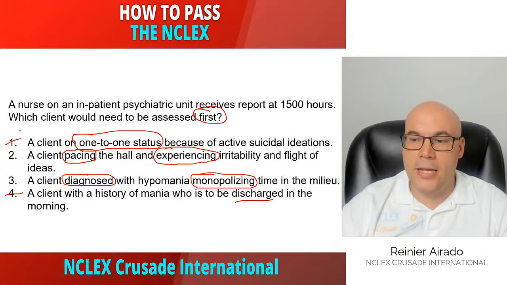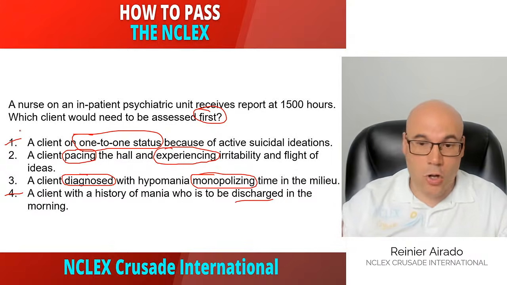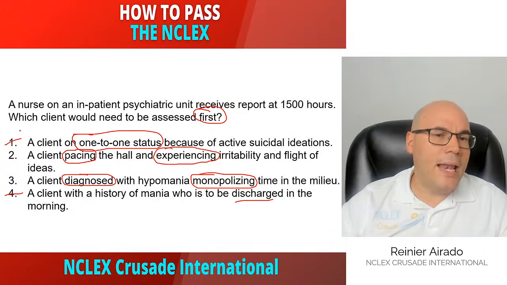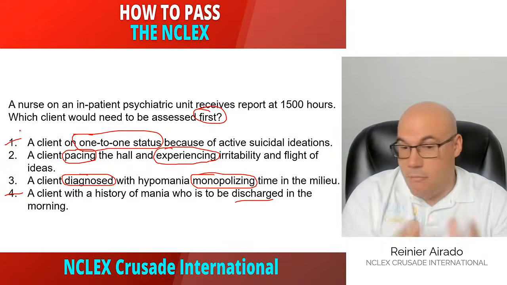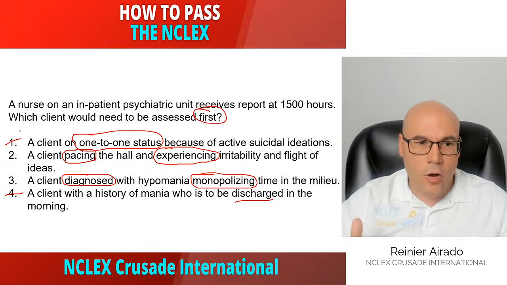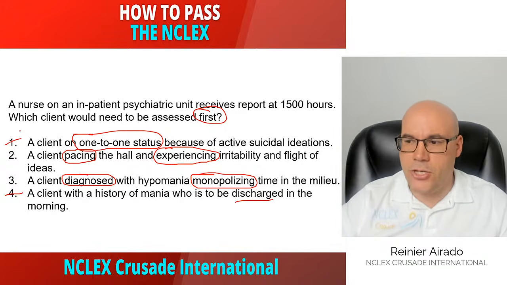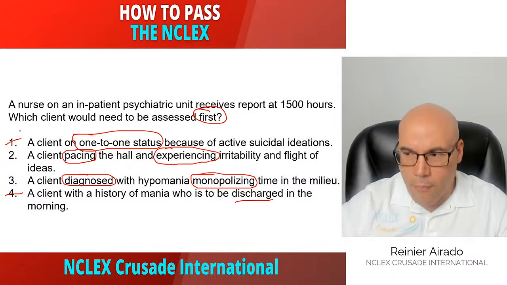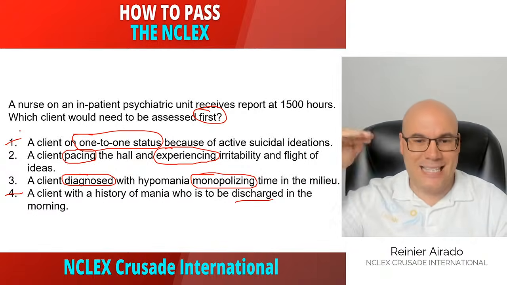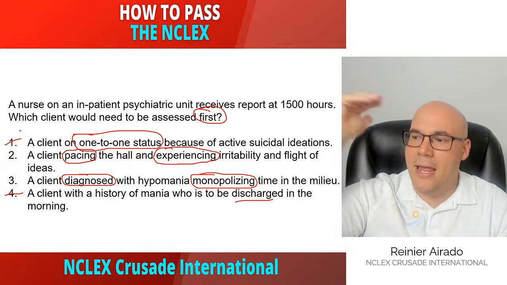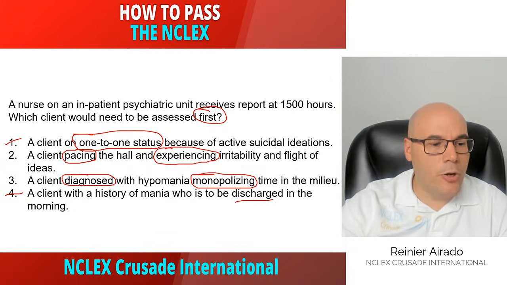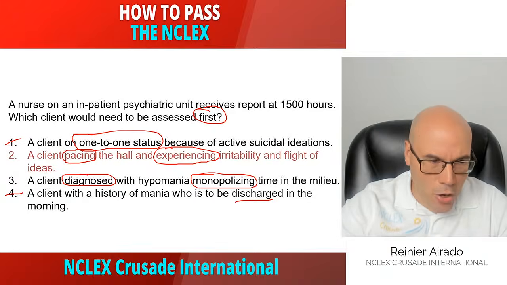So this patient is out of control. And you may say, well, this patient could be like that all the time. I don't know that. All I know is that right now I have a patient that has the potential to cause problems because the level of anxiety is extremely high. If I compare answer number 2 and 3, answer number 2 has the priority.